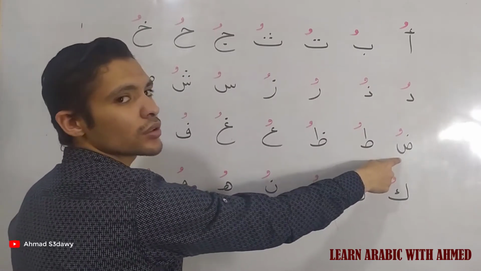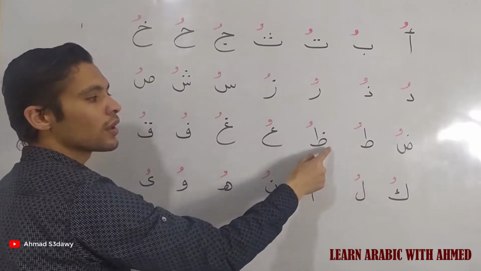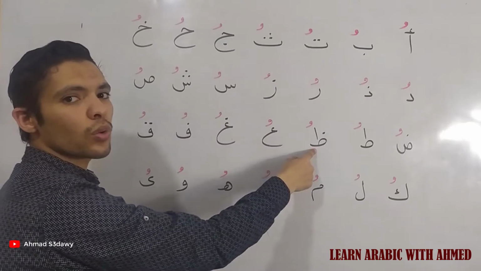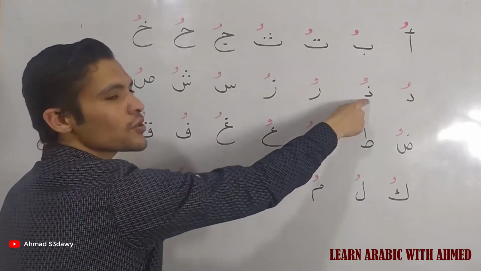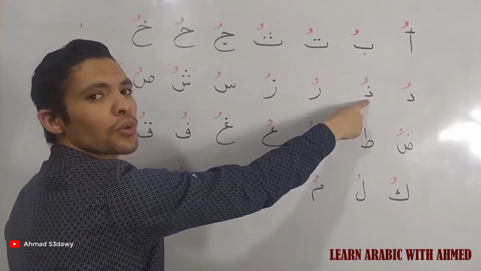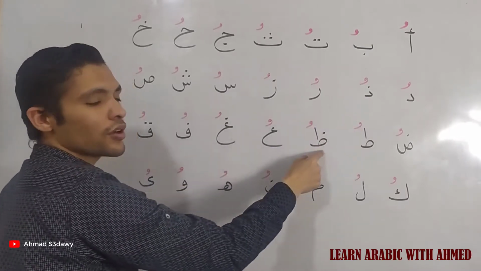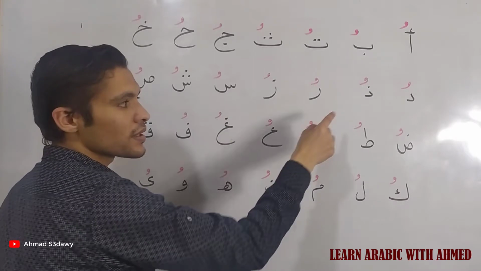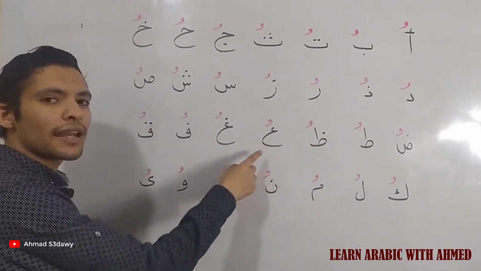So here you say Du, Tu. How do you say it? Zu. Here you say Zu. Soft and tough. The Ain, U.